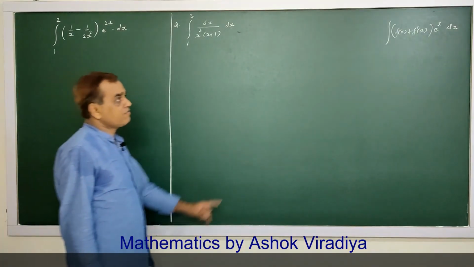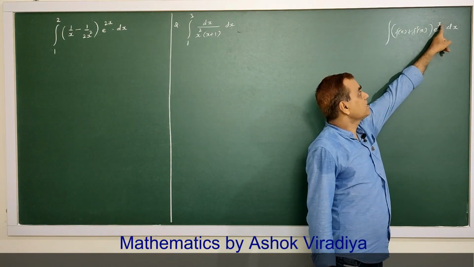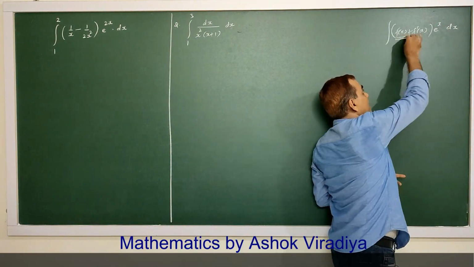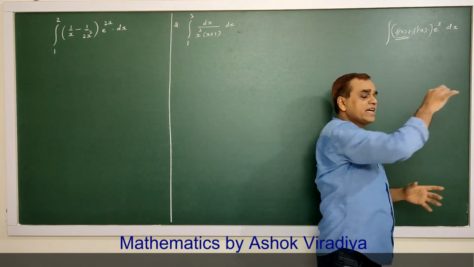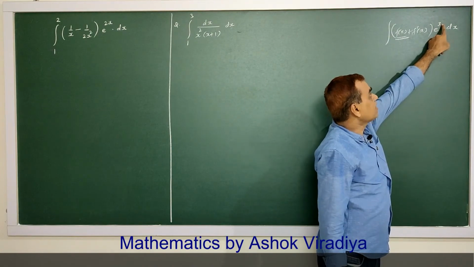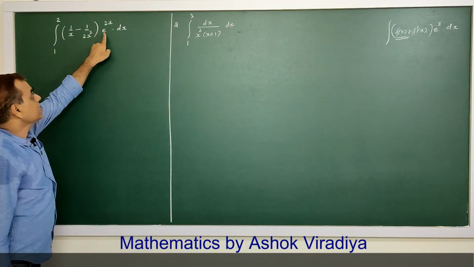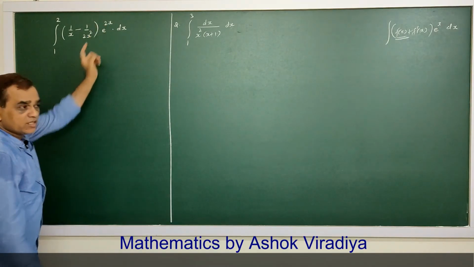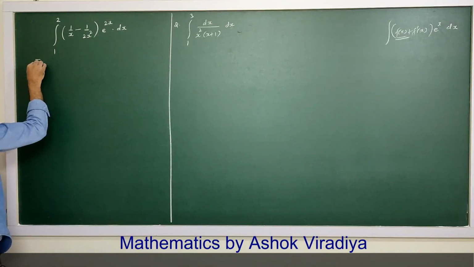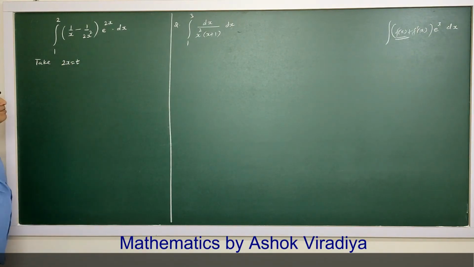Now to apply this formula, here there must be x. This is any function of x. Here any function, any combination of x is allowed, but over e, power x is a must. And in this question over e, 2x is given. So to convert to that form, we are taking 2x equal to t.